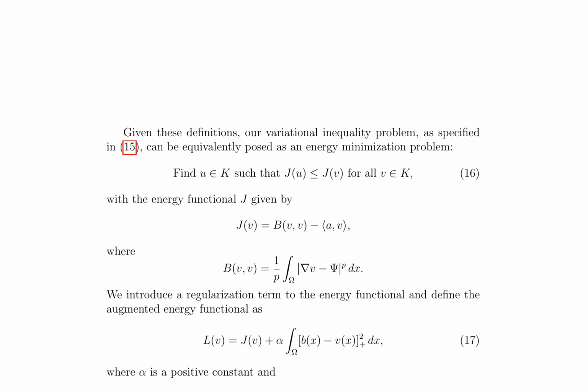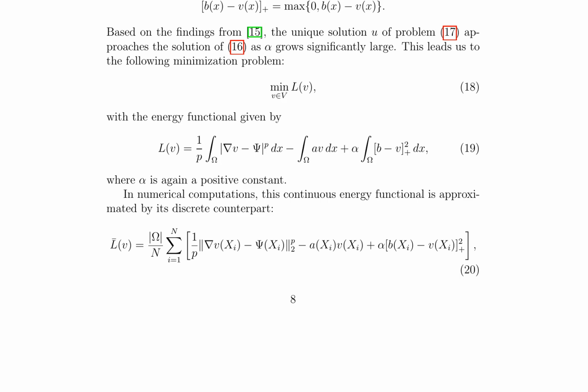To solve this problem, the authors introduce a regularization term to the energy functional, creating an augmented energy functional L(v). This augmented functional includes a penalty term that measures the difference between the solution v and a given function b. The solution u of this regularized problem approaches the solution of the original problem as the regularization parameter alpha increases.